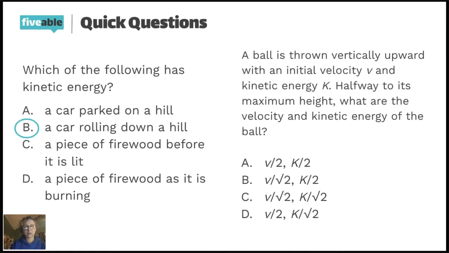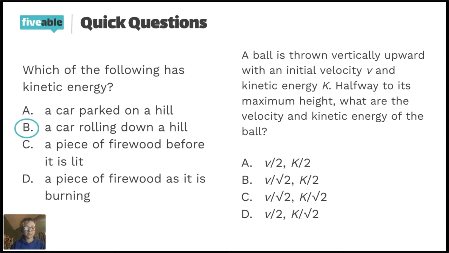Slightly more complex one. We have a ball thrown vertically upward, which is something we see a lot in physics. It has an initial velocity v, and therefore it will have an initial kinetic energy k. So halfway to its maximum height, what are the velocity and kinetic energy of the ball? If we remember from thinking about kinematics, if you have something that is moving vertically, its acceleration is always downward, right?